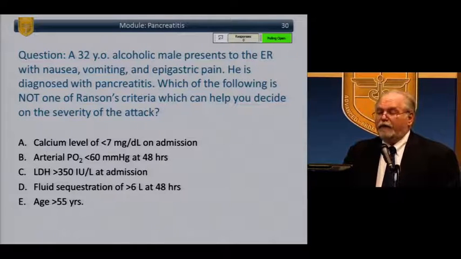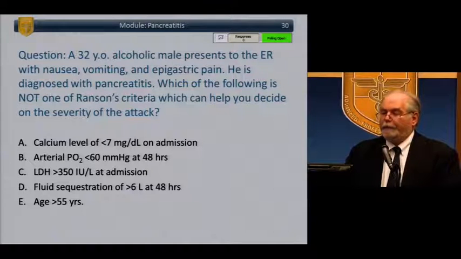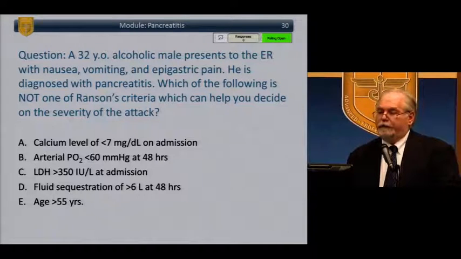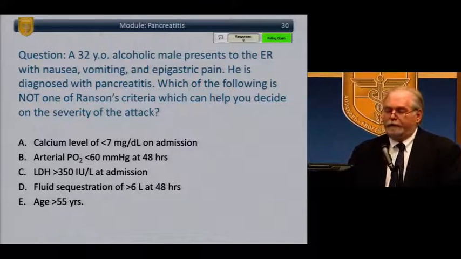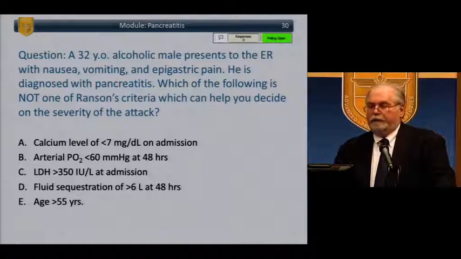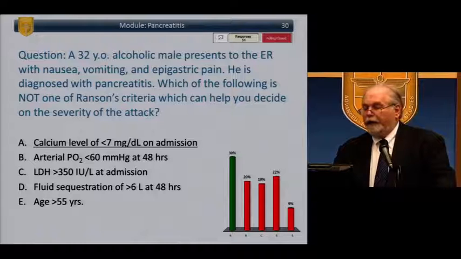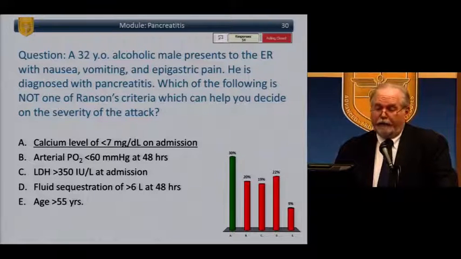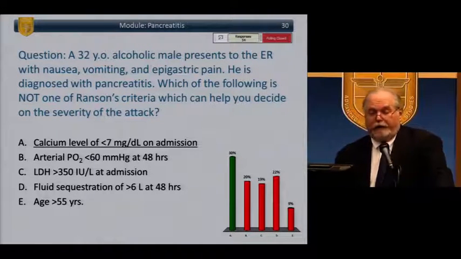So which is not one of Ranson's criteria? And the answer is A, and we'll go through Ranson's criteria in just a moment.